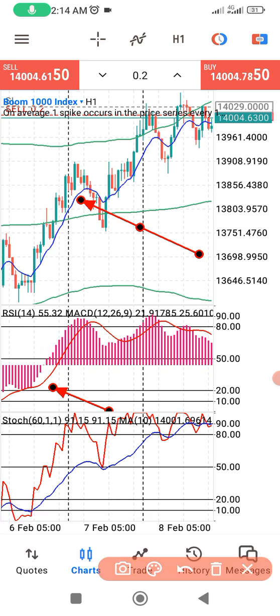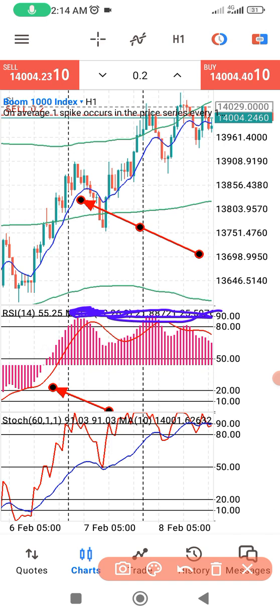Let's assume that this MACD is closed, that this is not there. So this number you are seeing now, 55.29, is the number we are making reference to.